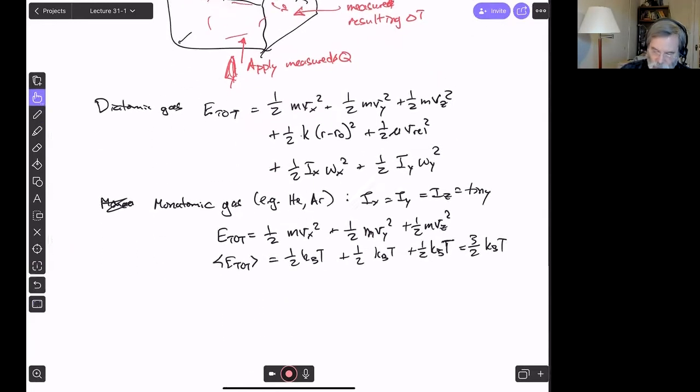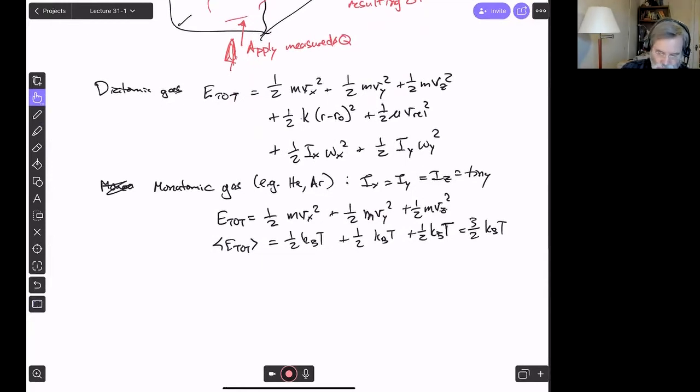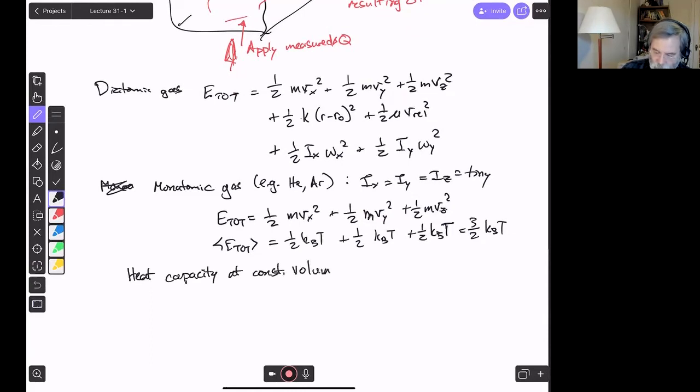So now let's calculate the heat capacity of this. We are going to do our heat capacity experiments at constant volume. We'll talk next time about what happens if we allow the volume to change. But as a preview, if I had my gas in a container that could expand, then the gas would do work against the walls as it expands, and some of the energy you added to the system would go into that work.